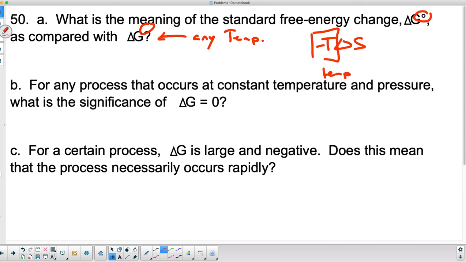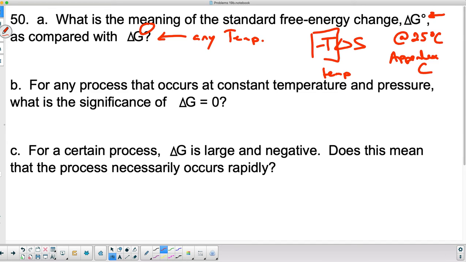At the standard, this means at 25 degrees Celsius, and it's what we have all of our Appendix C information in. So oftentimes we will talk about the delta G standard because it's a common temperature, and we have information on the formation of different compounds at that temperature.